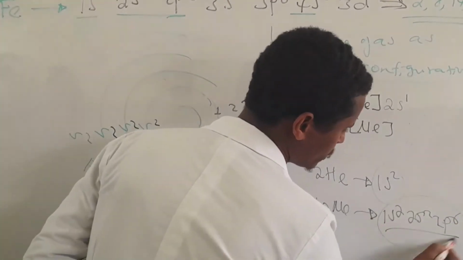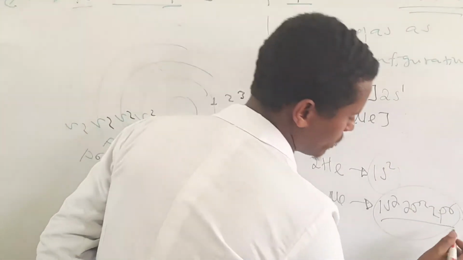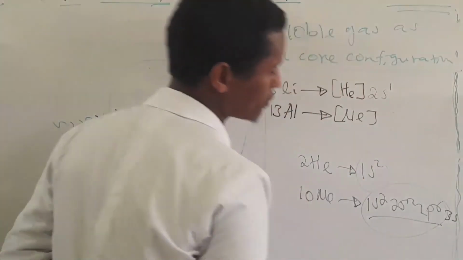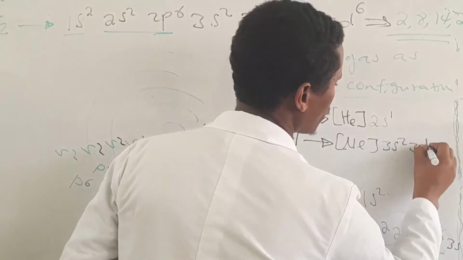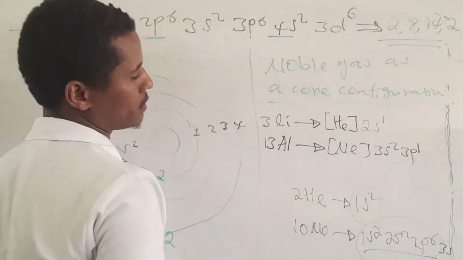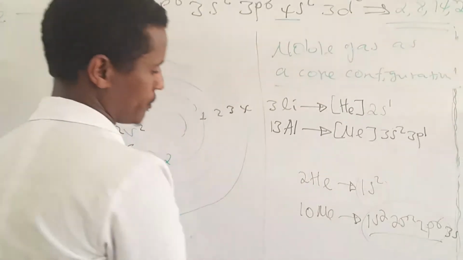This representation can be replaced by neon in brackets. After 2p, there will be what? 3s. So 3s2, then 3p1. You can write it like this. This is called the noble gas as a core configuration.